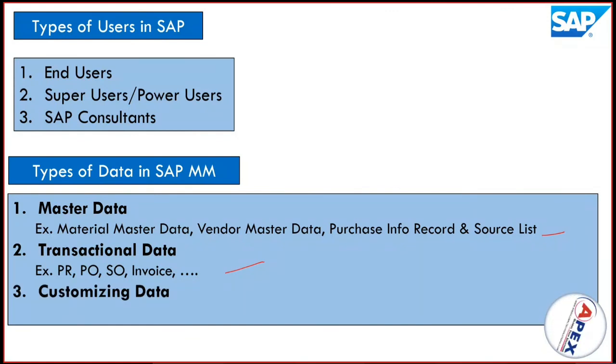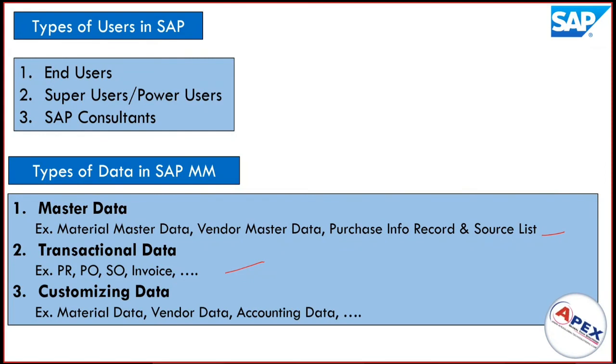Next we have customizing data. Customizing data is the same material data, vendor data, accounting data, and multiple other kinds of data based on the company's business and products. Suppose a company is implementing SAP. Before implementing SAP in the organization, the SAP consultant should take the data.